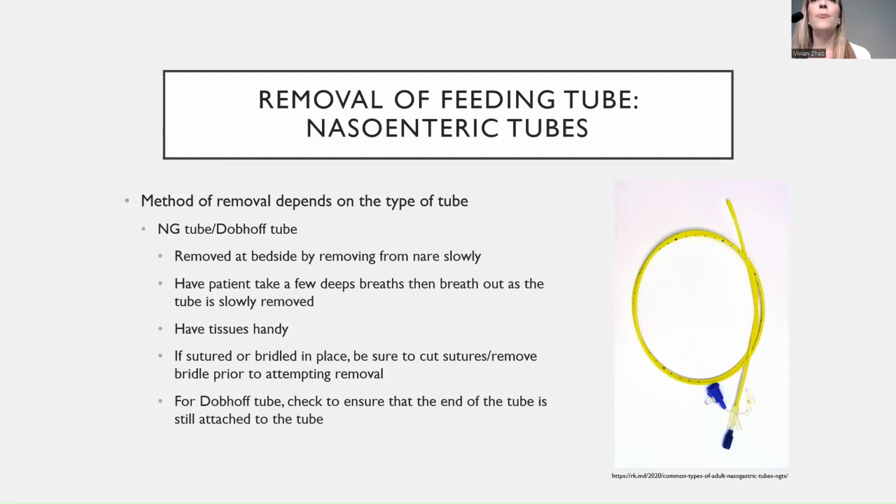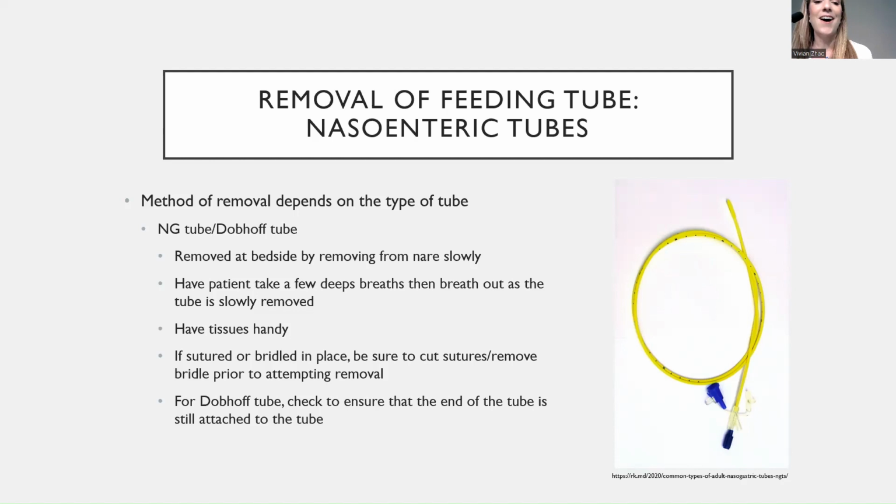Always have the patient take a couple deep breaths if they get really nervous when you tell them that you're removing their feeding tube. It doesn't hurt, it just feels weird. We talk about how it's not bad and it's going to be over in less than a minute. Have Kleenex ready for them because they're going to want to blow their nose. And of course, be sure to cut the sutures.